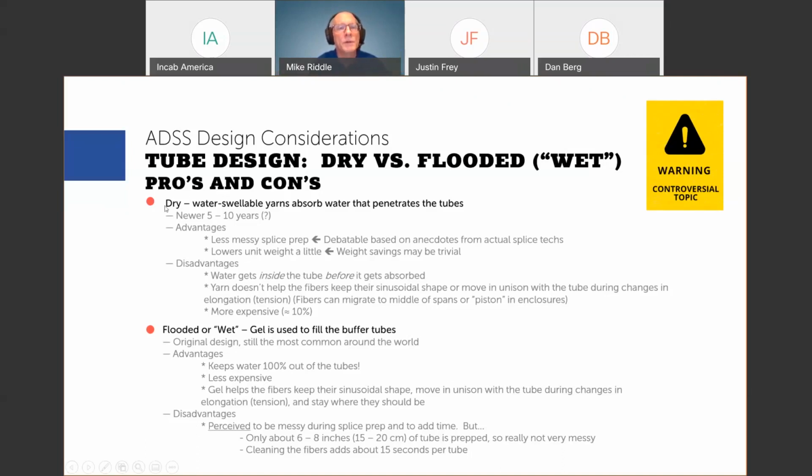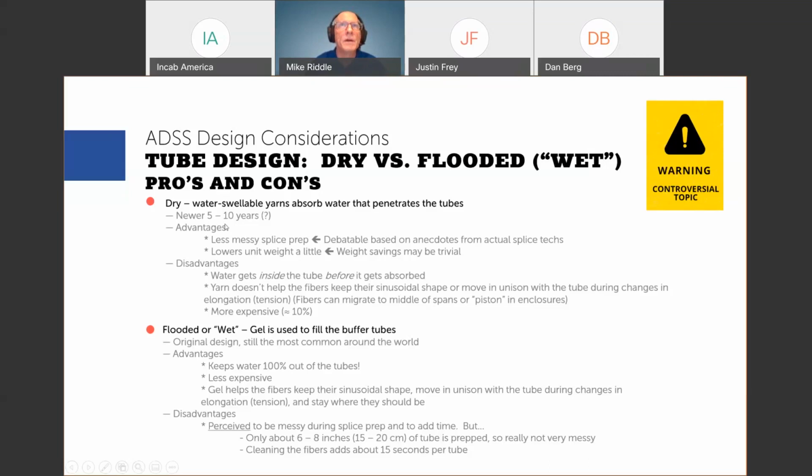The dry tubes have been around 5 to 10 years or so. I have a question mark here because honestly, I didn't run this down. Somebody might come along and say that, well, it was 11 years and 7 months ago. It doesn't matter. My point is, it's been around long enough that you can't really say that it's unproven.